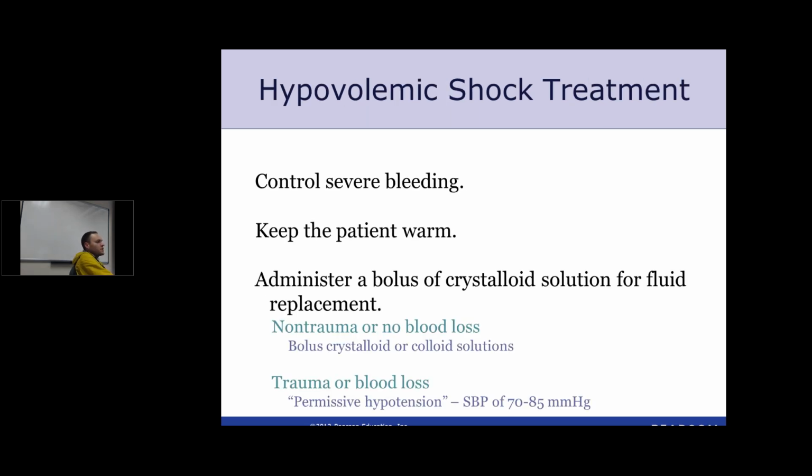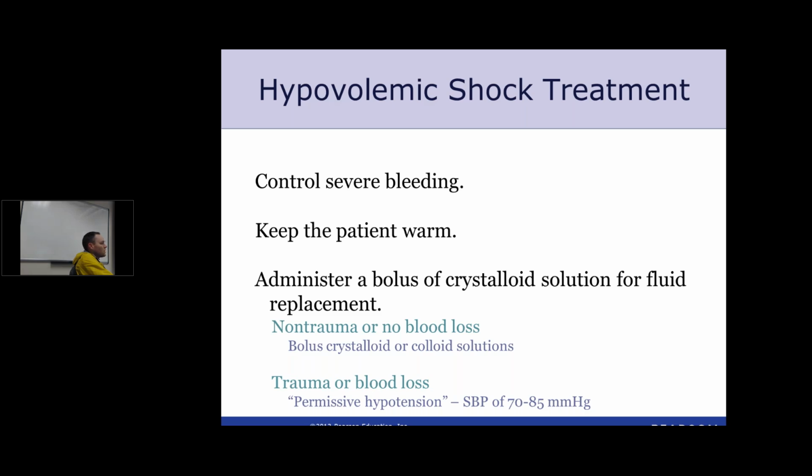So with hypovolemic patients, you want to control the bleeding, right? Keep the patient warm. Why do you keep the patient warm? What's bad with a cold patient? And I'm talking with like a bleeding hypovolemic patient. If you don't keep them warm, the bleeding worsens.